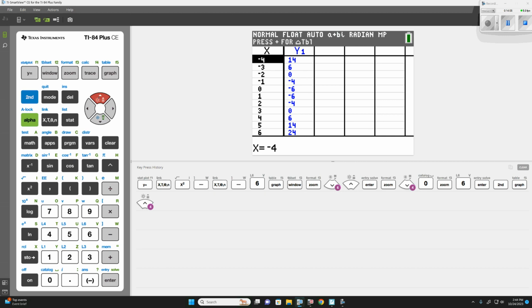So again, we're trying to find out what value of x will make the y value be 0. What value of x? Negative 2, because we can go up and down to try to find it. One of them is negative 2. Mine says 3.